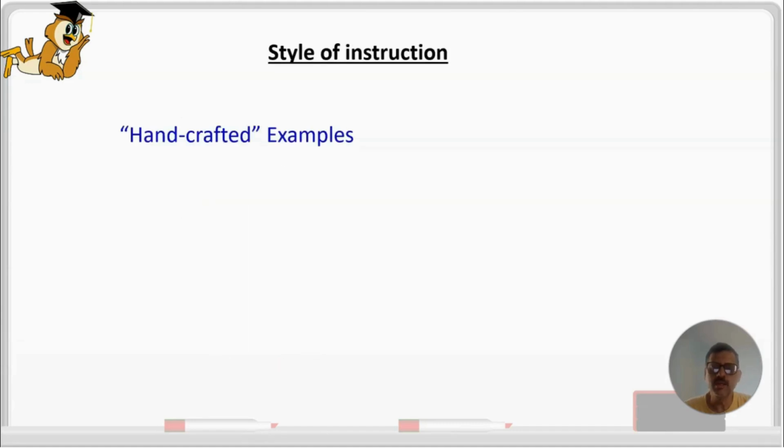A little bit about my style of instruction for those who haven't seen the earlier series. I extensively use handcrafted examples. By handcrafted examples, I mean I don't pick up examples that you would typically find on the internet or in books.